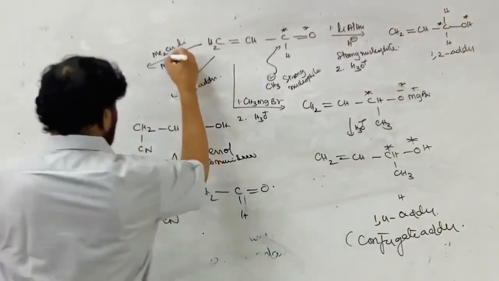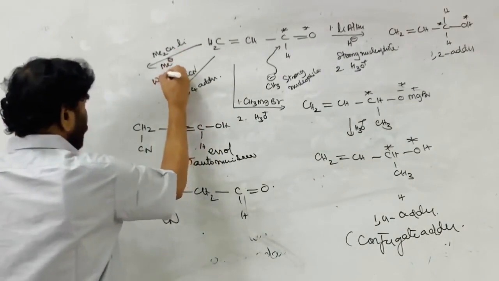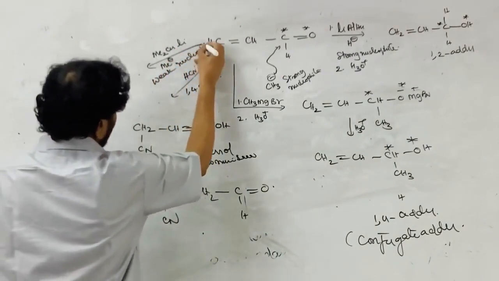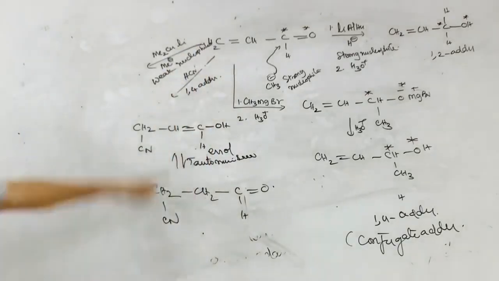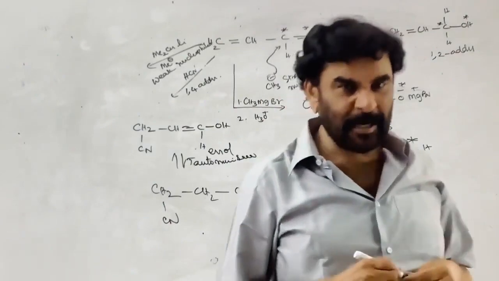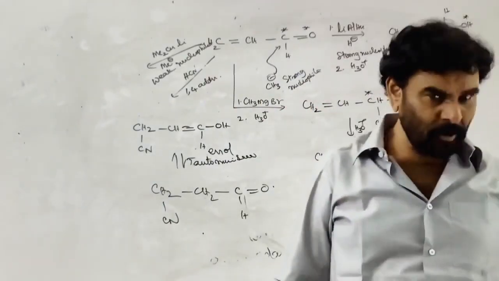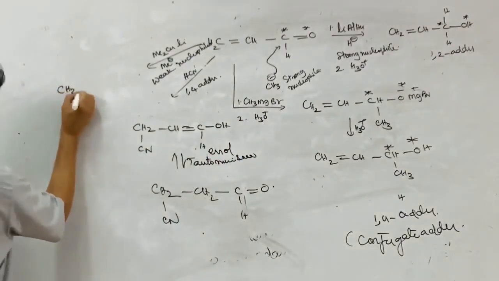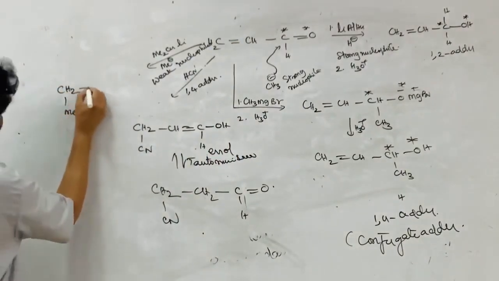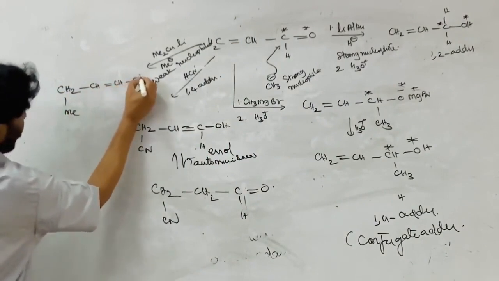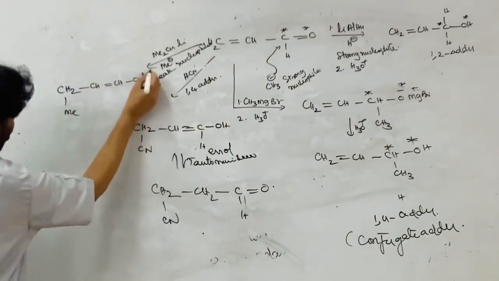Therefore, this is a weak nucleophile. Gilman's reagent is a source of a weak, poor carbanion. Then this attacks. Then what happens? 1,4 addition, this is CH=O, that is the Li+.